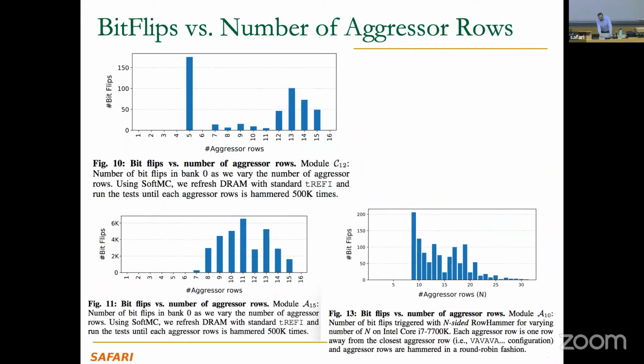In these plots, it's shown that as you increase your number of aggressor rows, you can actually have bit flips. So for up to 4 rows, for example, if you hammer just 4 rows, your mitigation mechanism is effective. You do not have bit flips. But at 5 rows, on that plot, you see a lot of bit flips all of a sudden.